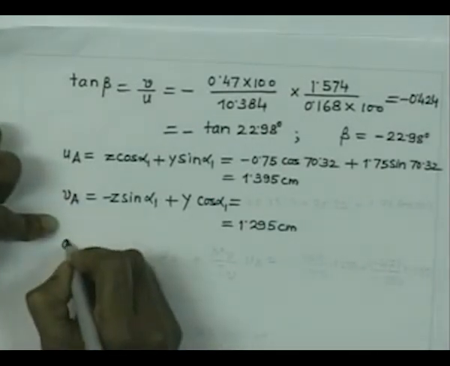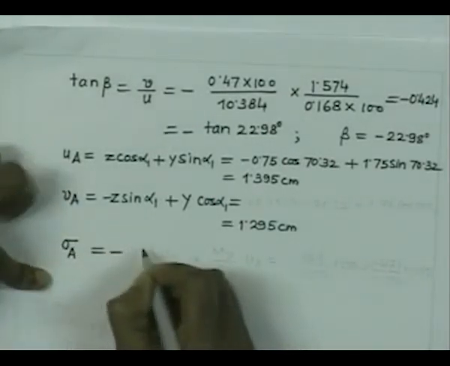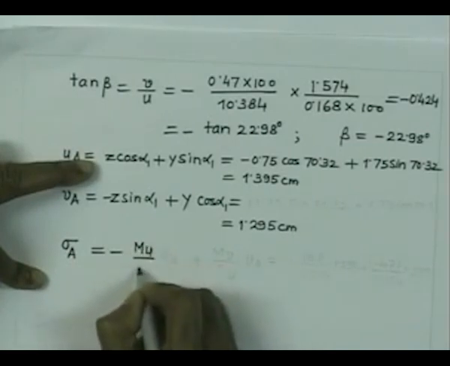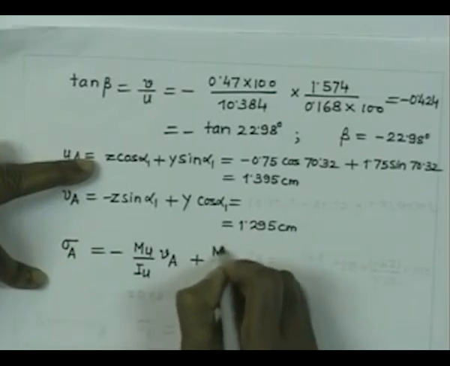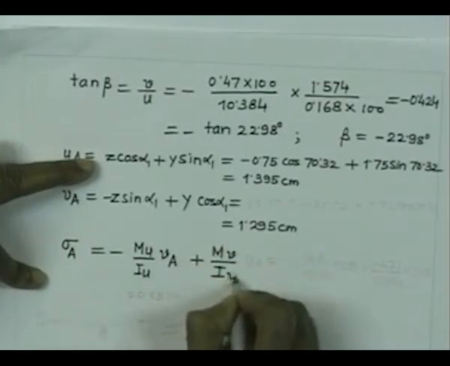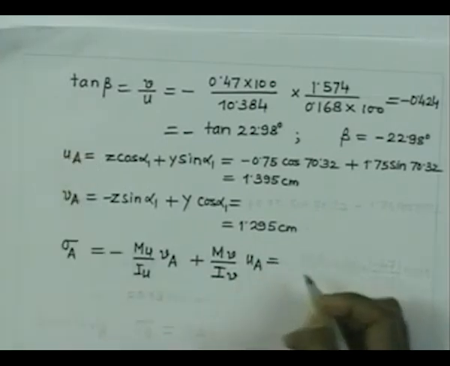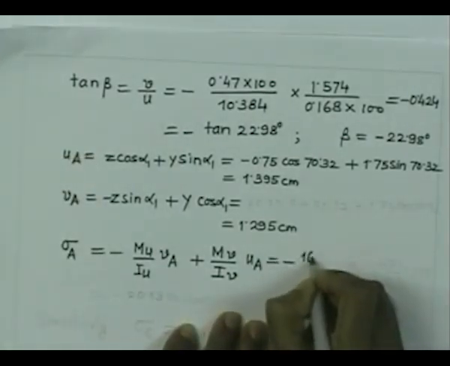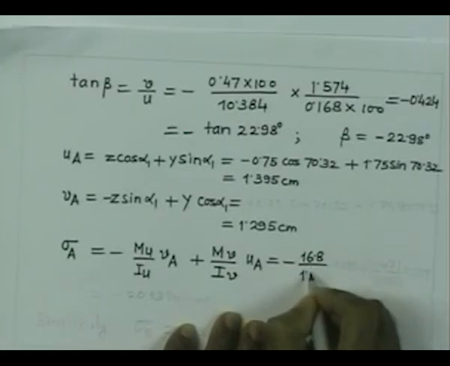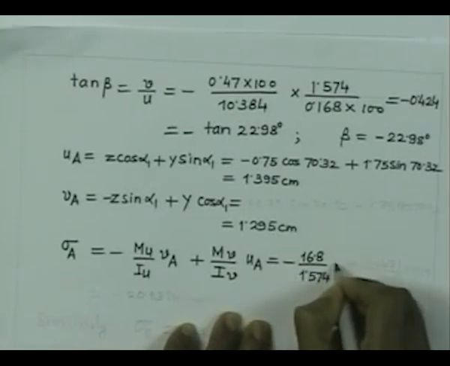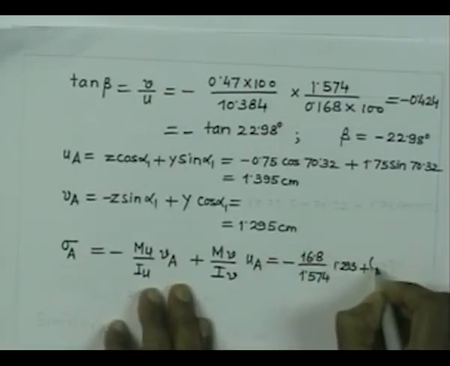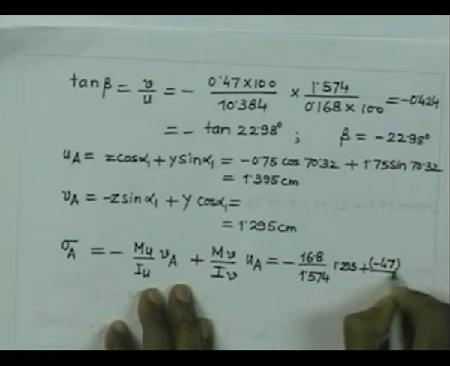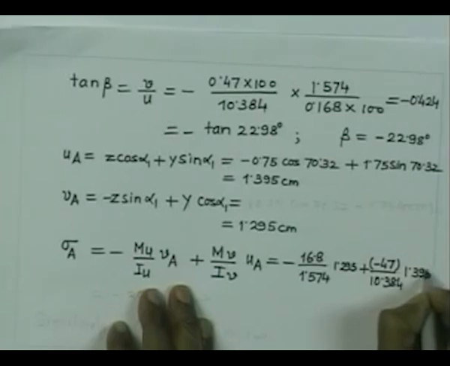Now, if I am interested in calculating the stress at A, it is going to be Mu by Iu into vA plus Mv by Iv into uA, and we substitute the values. It is going to be 16.8 kilonewton centimeter divided by 1.574 into 1.295, that is vA, plus minus 47 kilonewton centimeter divided by 10.384 multiplied by 1.395, which is uA.